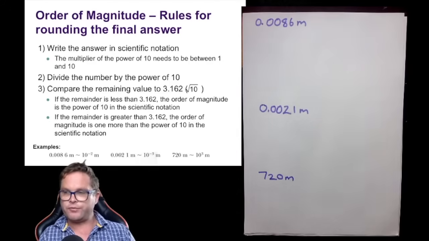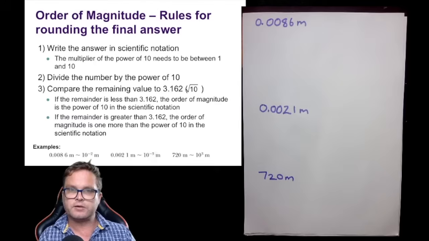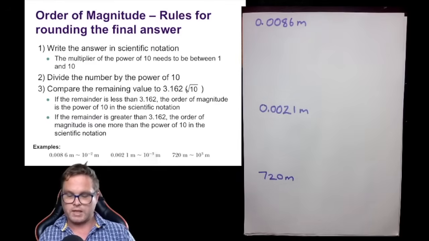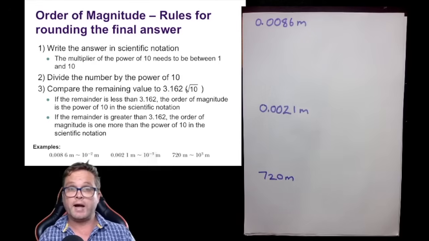At the bottom there are 3 examples where they show 0.0086 is rounded off to 10 to the minus 2. They show 0.0021 is rounded off to approximately 10 to the minus 3, and another example for 720. So we're going to use this recipe and show you how to do the rounding.